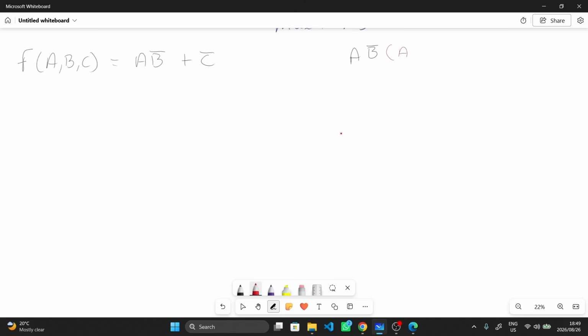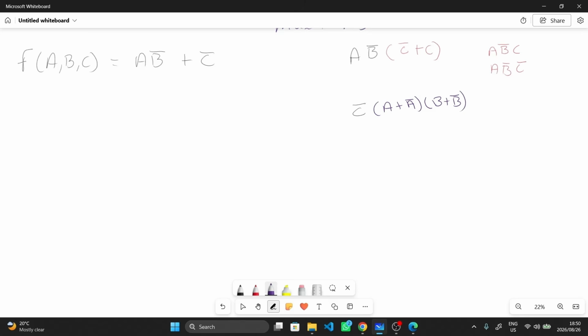So we will have here c complement plus c, and that will give us a b c and a b c complement. Now we have c here, so we are missing two variables, which is going to be a plus a complement and b plus b complement.